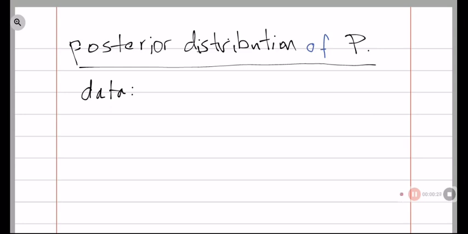So in general, let's start with, suppose we are given the data x given P. This follows a binomial distribution with n number of trials, and P is the probability of success.